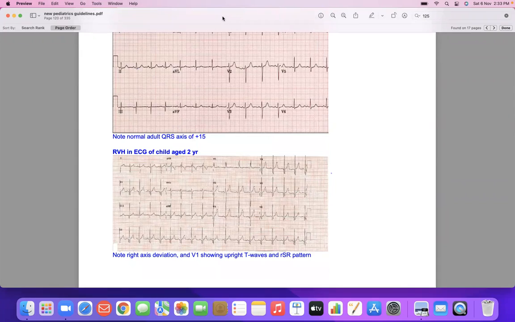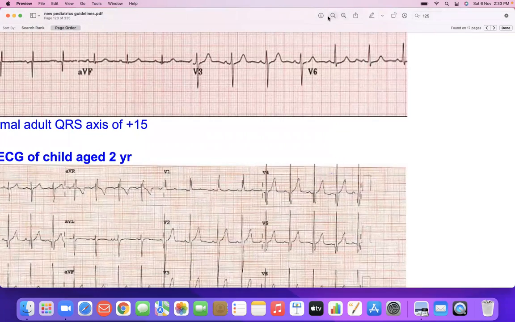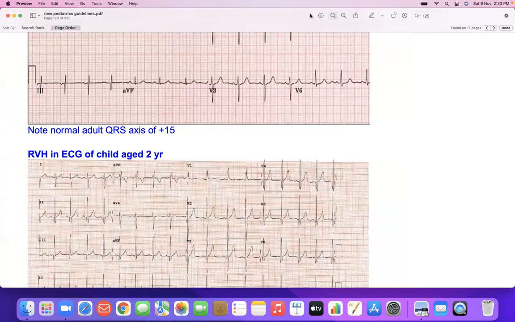Make it a little bigger. Here we are seeing the upright R and also T waves.